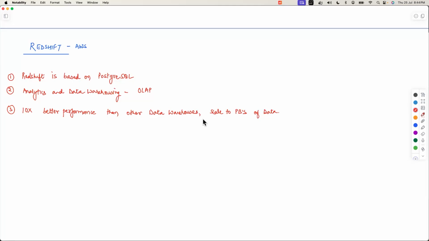Second thing, usually when you save the data into Redshift or any such place, the data which is being kept there is saved in columnar storage, instead of row based. So what is the difference between columnar and row based?